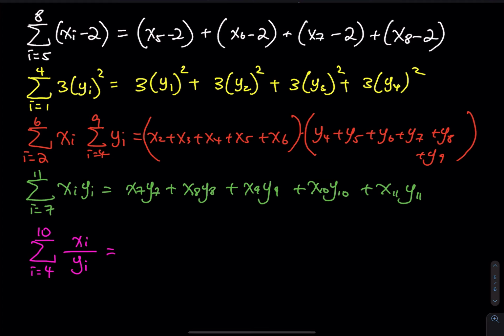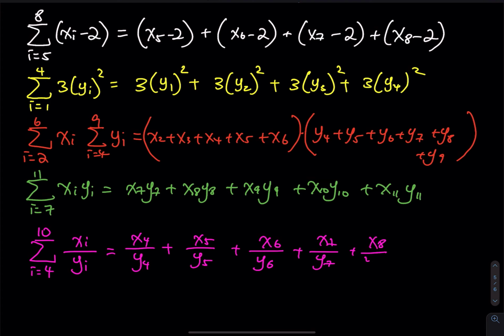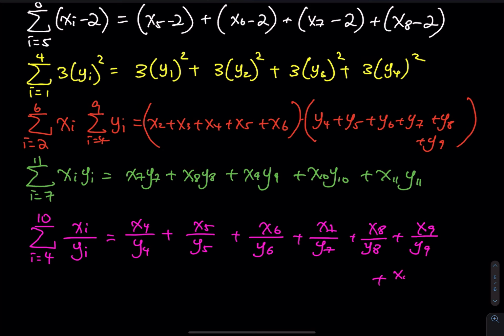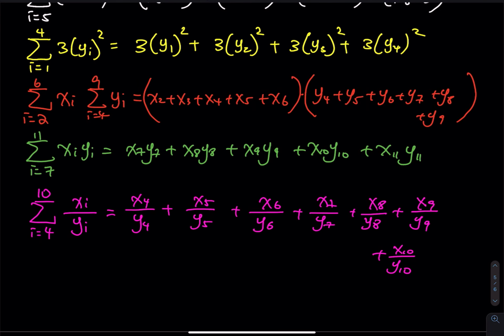So this will be x4 divided by y4 plus x5 divided by y5 plus x6 divided by y6 plus x7 divided by y7, and then plus x8 divided by y8 plus x9 divided by y9, and then plus x10 divided by y10.